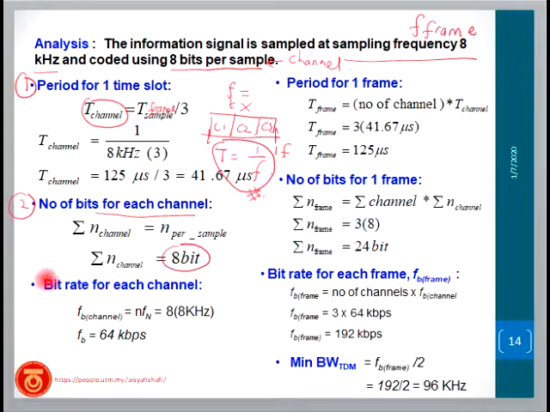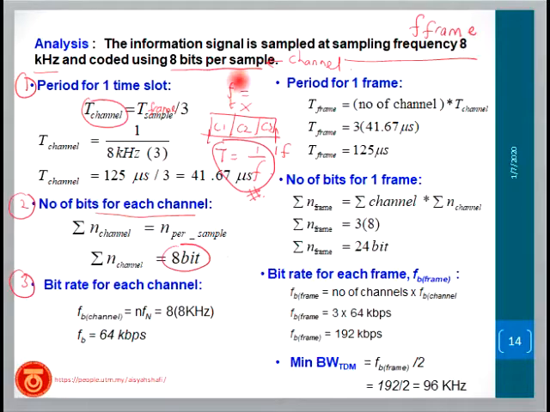The third parameter is the bit rate for each channel. The bit rate for each channel is how many bits per second for each channel. We have C1, C2 and C3.